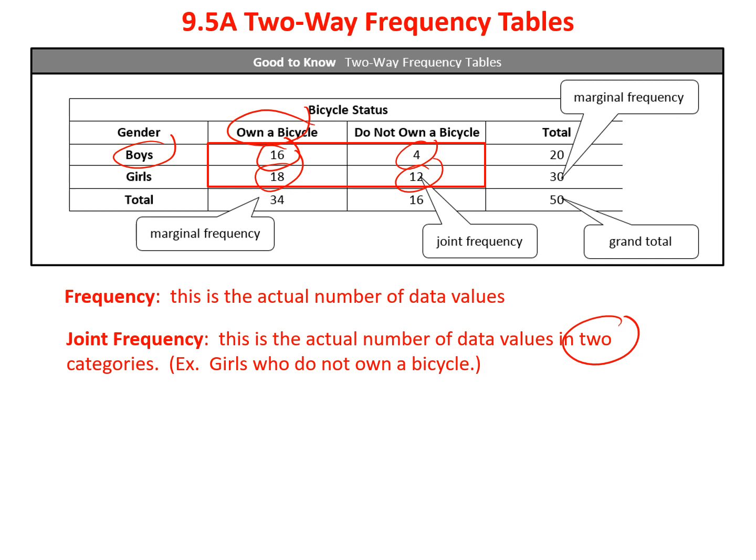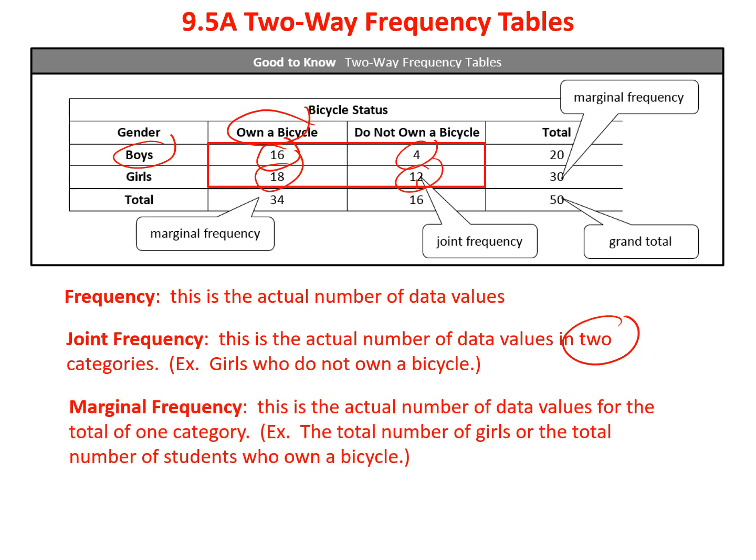Now, the next category is a marginal frequency. In the margin, we're looking at the data values for one total category. This could be either a row or a column. So, for example, here there are 34 people who own bicycles in this column. That's the marginal frequency, the actual number, 34. I can do a row too.